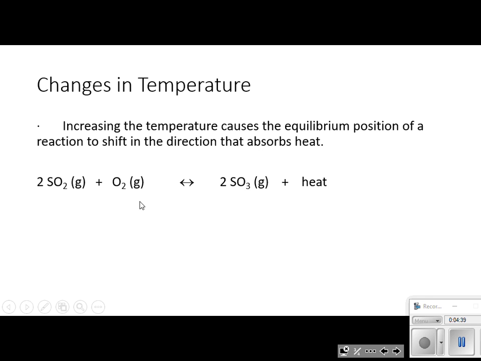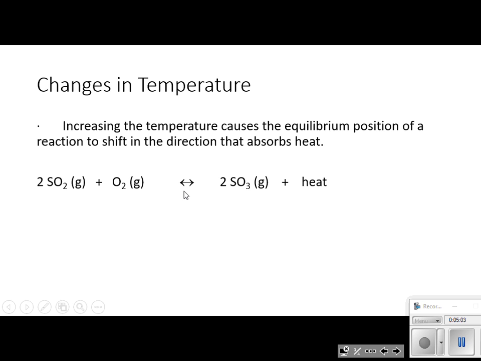So it's going both ways. If I'm looking at the forward reaction, it's exothermic because heat is given off, right? If I look back at the reverse reaction going this way, it's endothermic because heat is taken in. So, once again, my teeter-totter here. Here's my fulcrum, right there.